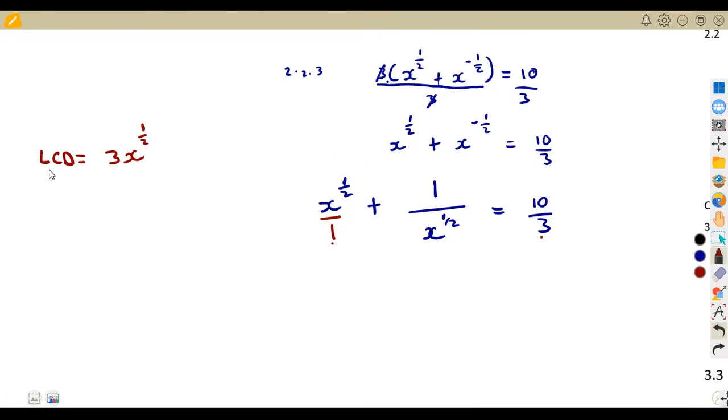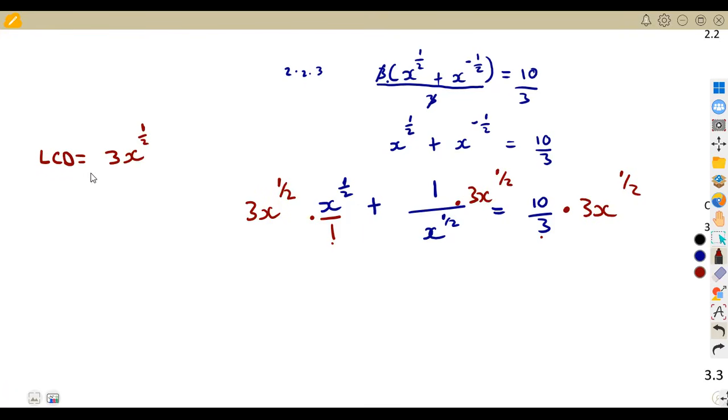So each term we are going to multiply by the LCD, which is 3x to the exponent of a half. To clear the fractions, we multiply also here by 3x to the exponent of a half, and also here by 3x to the exponent of a half. This is to clear what? The fractions.